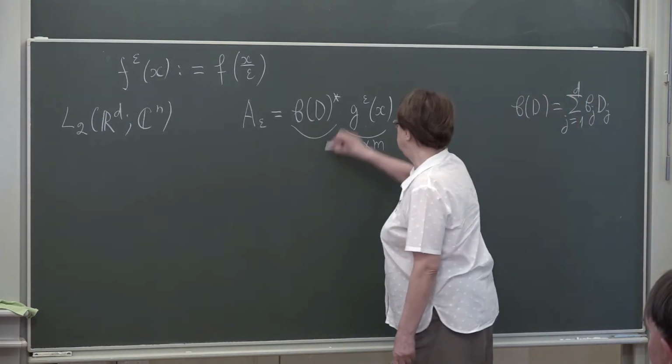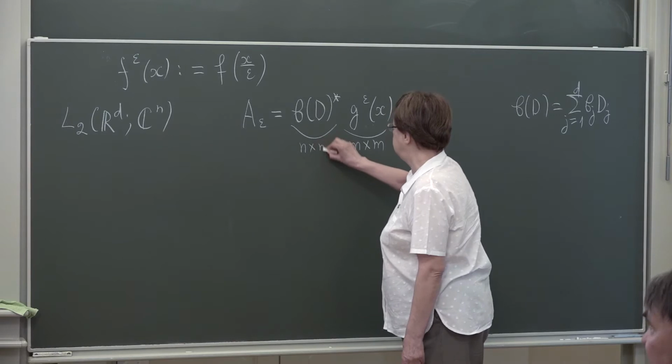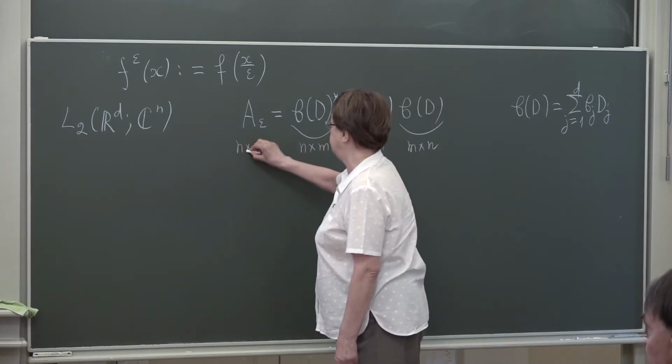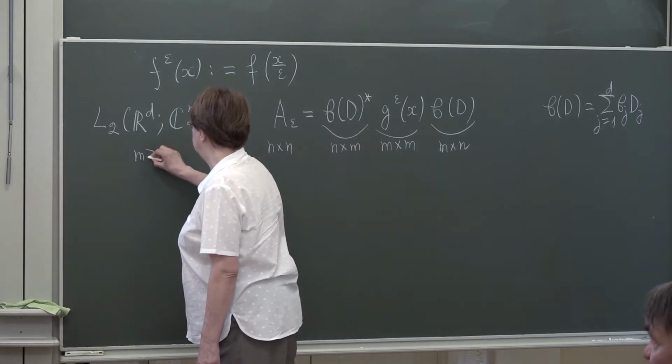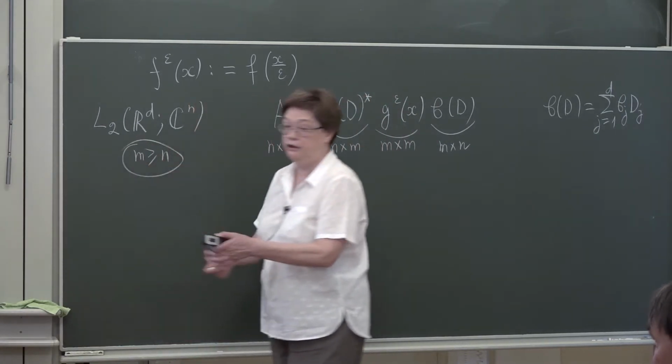The adjoint operator is of size n by m, so A epsilon is n by n. And it is assumed that m is greater or equal than n.